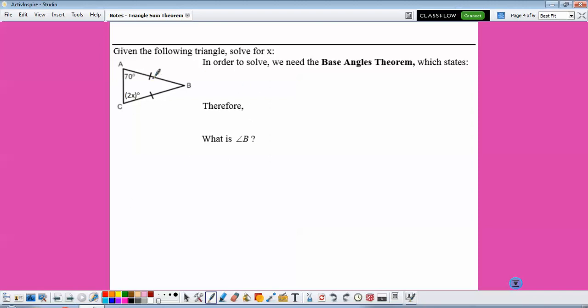Let's look at this triangle. It has two congruent sides. We know this because it has the congruent tick marks on there. And what the base angle theorem says is the angles across from congruent sides are also congruent.